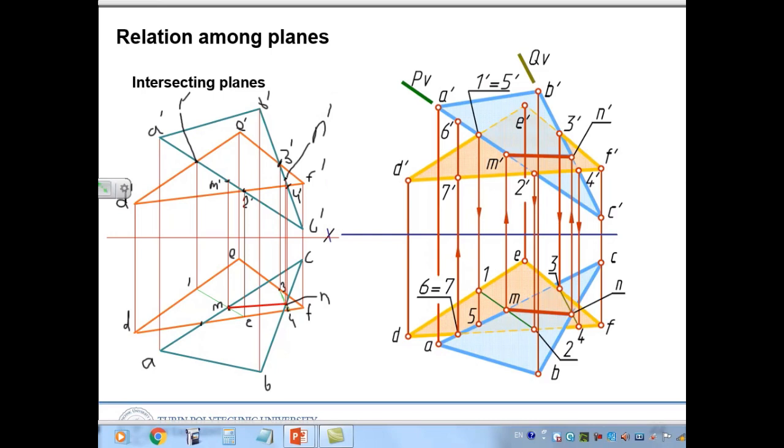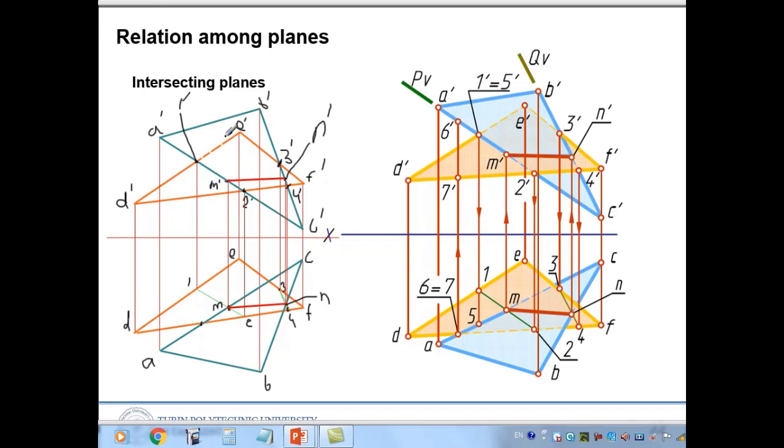So now we can create a line, the intersection line between two planes. Okay, so that is the intersection line of two planes. So now we can make hidden lines.